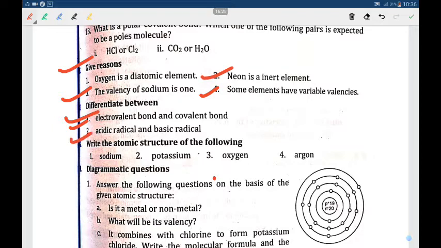Next question, acidic radical and basic radical. So what are the differences? Left hand side acidic radical, right hand side basic radical. Acidic radicals possess negative charge, basic radicals possess positive charge.